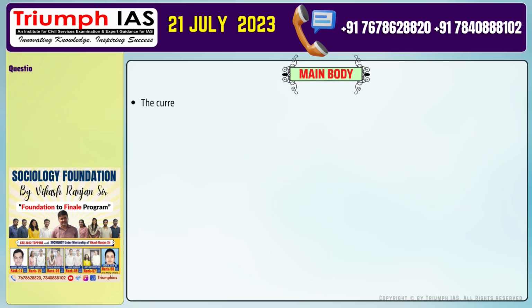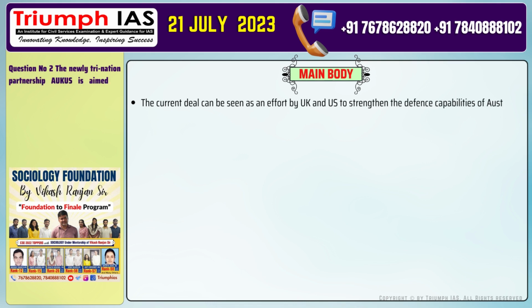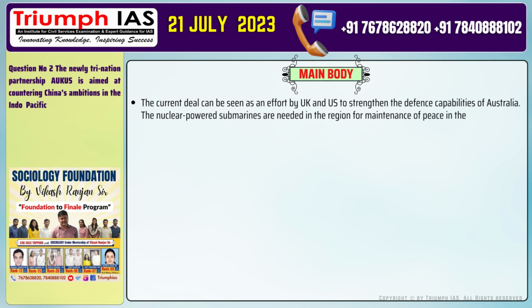The main body of the answer should be: Number 1. The current deal can be seen as an effort by UK and US to strengthen the defence capabilities of Australia. The nuclear-powered submarines are needed in the region for maintenance of peace in the region. Number 2.